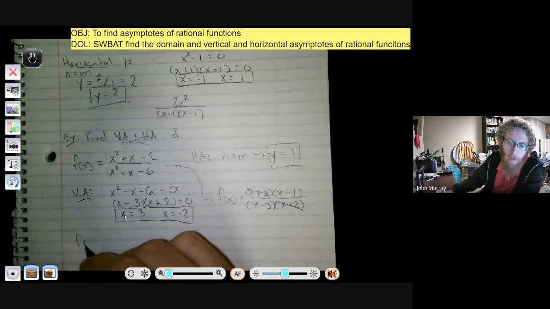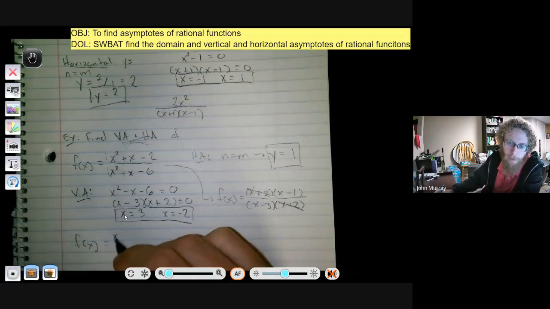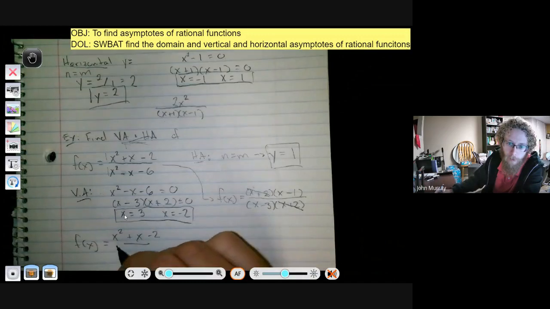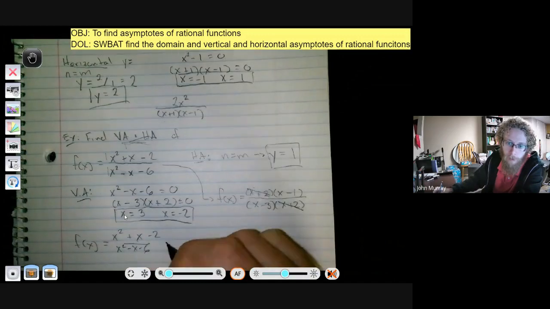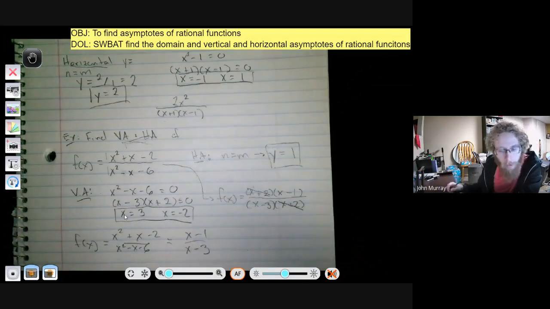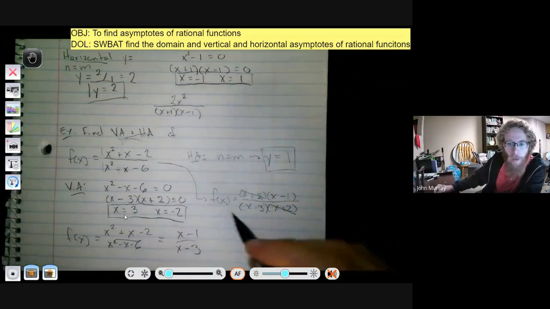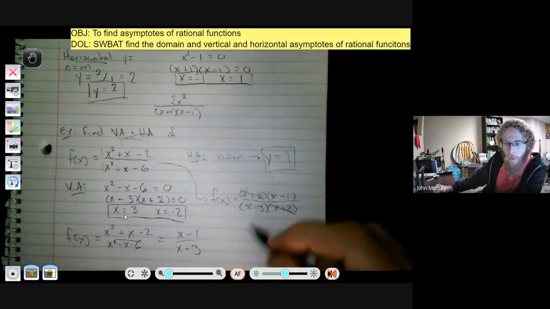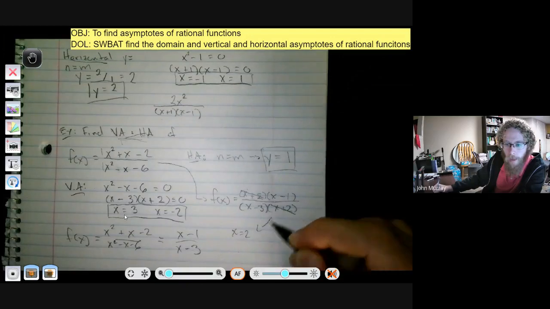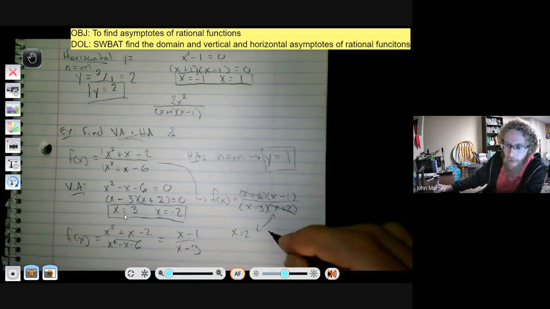So I can say that my function, we can reduce that to just x minus 1 over x minus 3. This here, we have a special name for this.